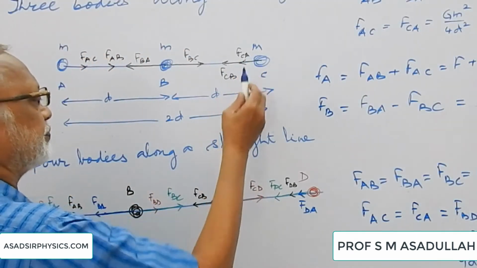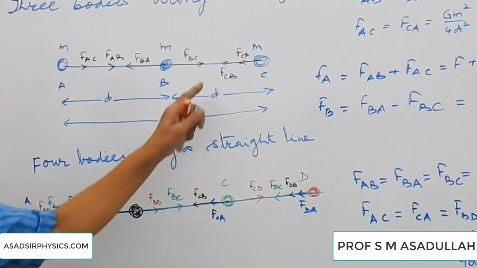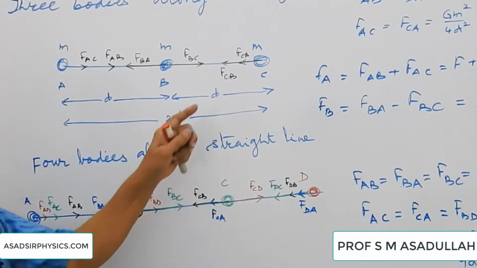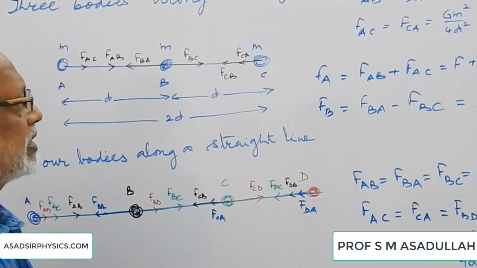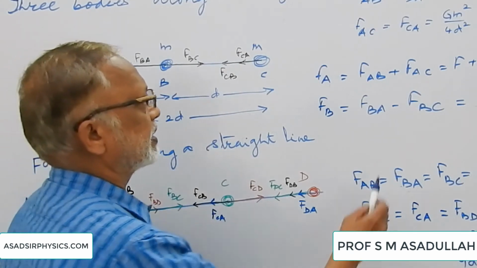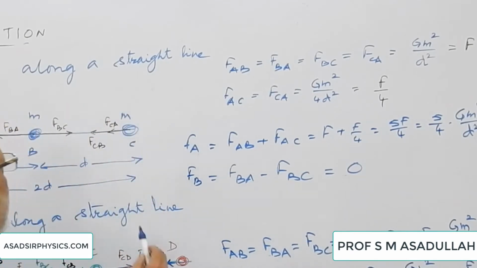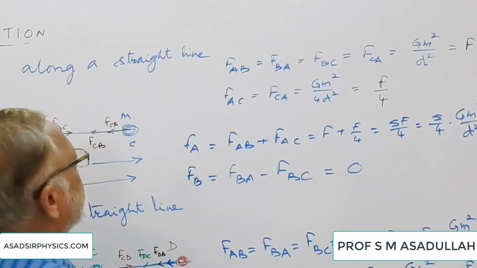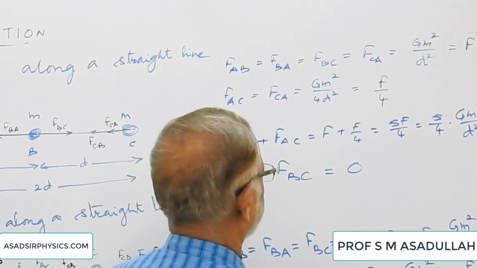Similarly, we can find the force on C. On C there are two forces, one due to A, another due to B. Force due to A is less because A is at a greater distance. FCA is equal to G m square by 4d square, and FCB, B is closer, it is at a distance d, so FCB is equal to G m square by d square.